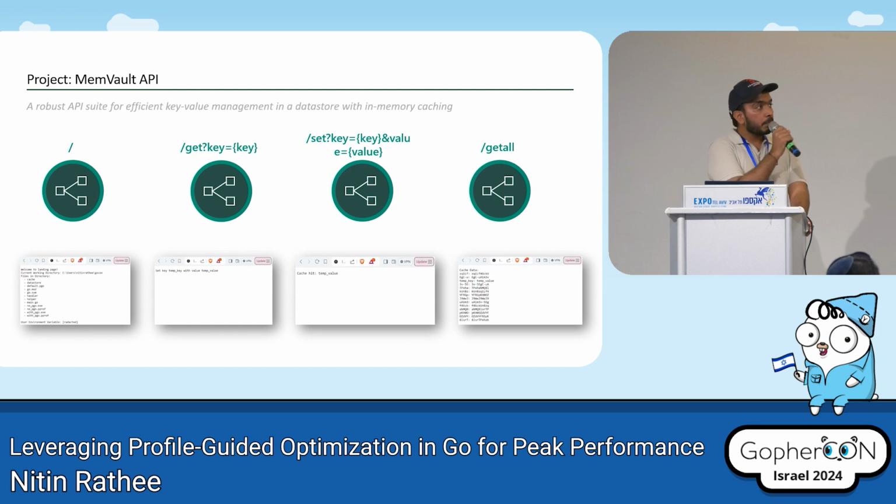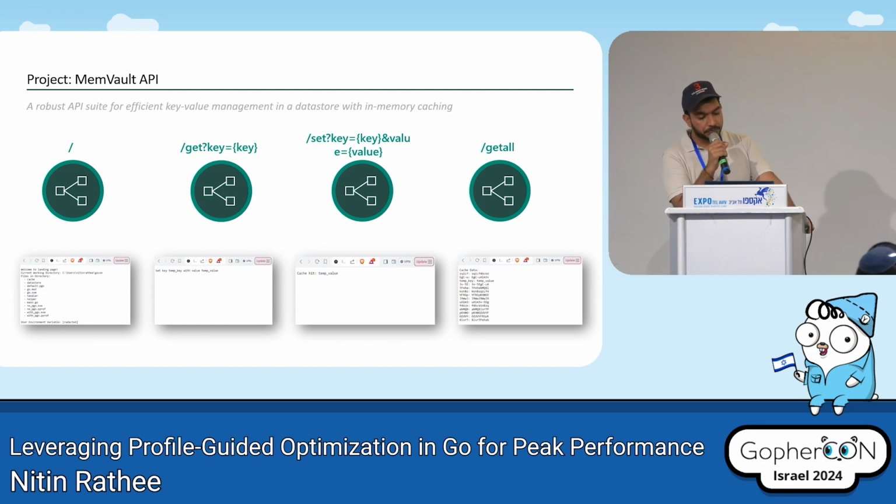Now let us take an example of a sample Go project. I have called it the Vault API, which offers a bunch of APIs for you to perform some operations. I have the root endpoint, which performs some operating system level operations like listing files in a particular directory. The get endpoint lets you get a value for a key.